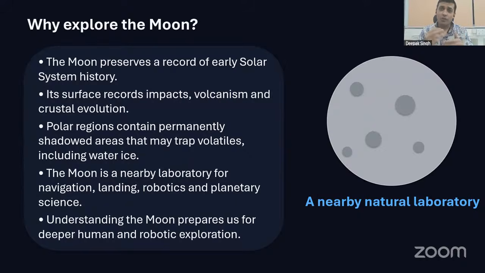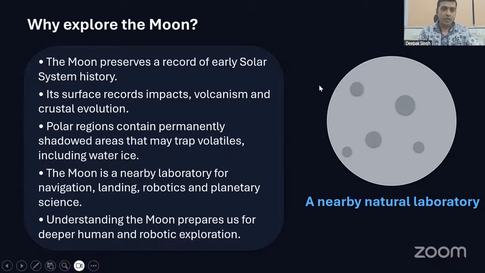So it will take a lot of time to even go there, record something, and get the data. That is why we are able to send humans to the Moon itself, but not to any other planet. When we say 'we', I mean humankind, not just India, because science belongs to everyone.